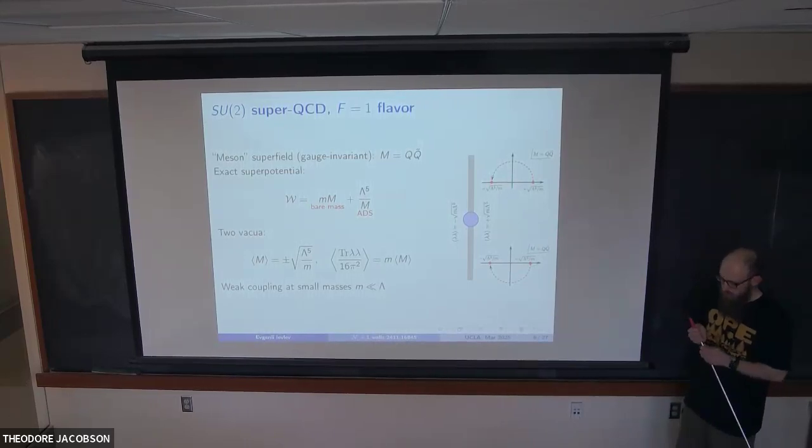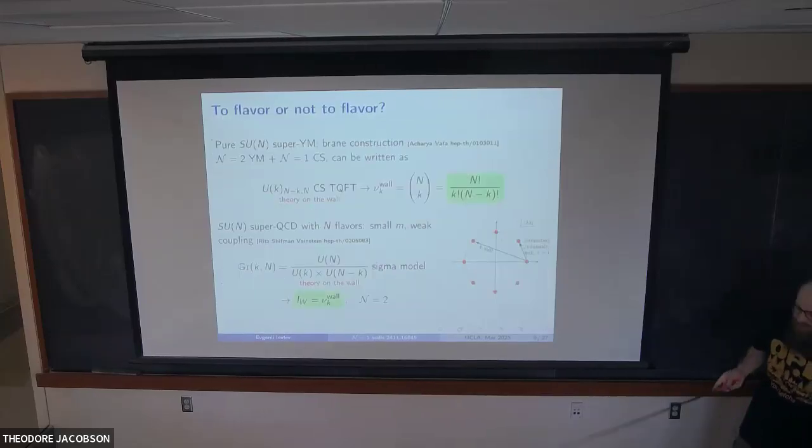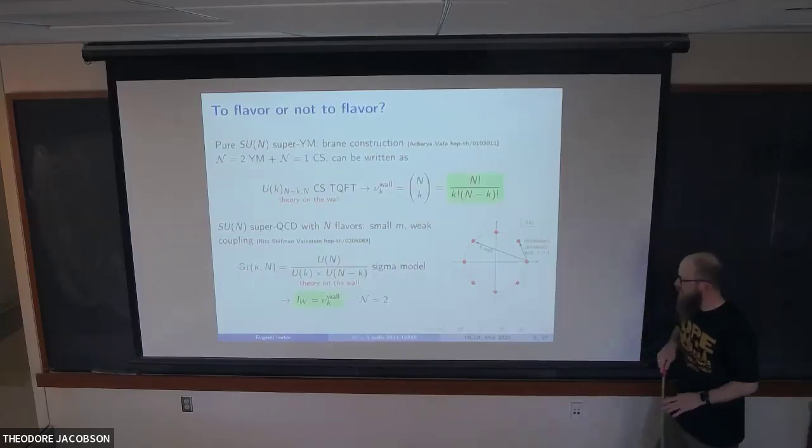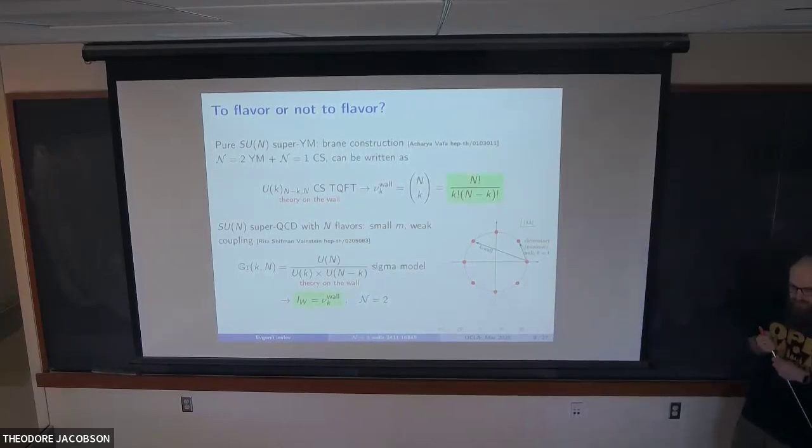But you can write down a solution inside the sigma model. But I'm not sure it would match the quark degrees of freedom. The energy of this configuration probably would match because it's determined by the central charge.